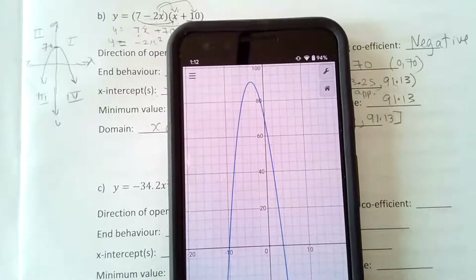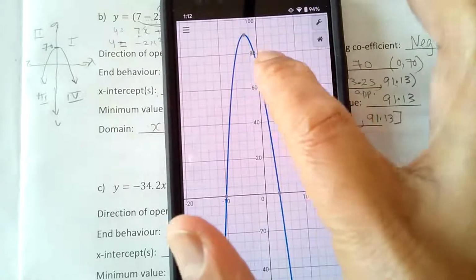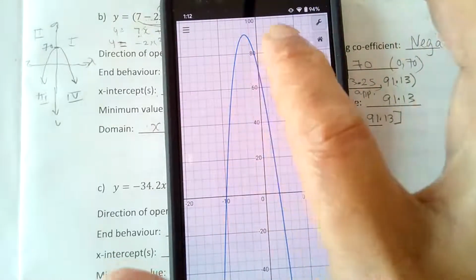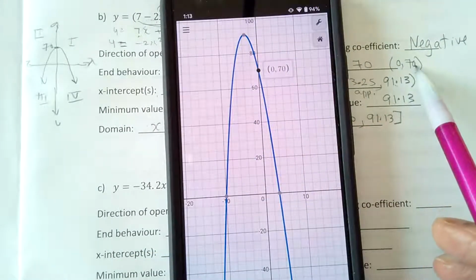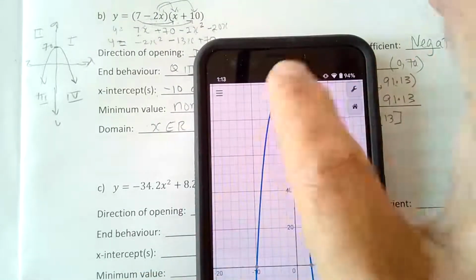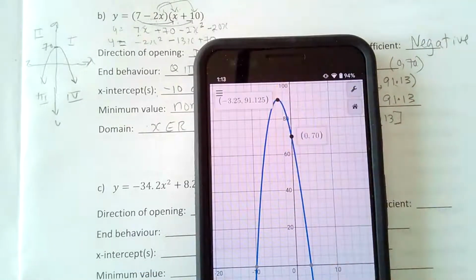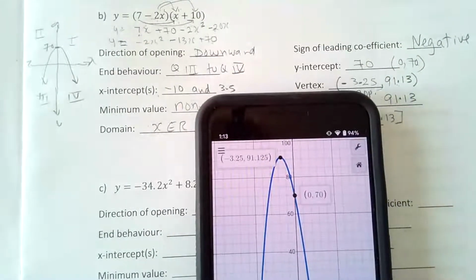The y-intercept, let's find that. And the y-intercept is very straightforward in Desmos. You tap where the y-intercept is, at 70. Then the vertex, tap on it. The vertex is negative 3.25, 91.125.